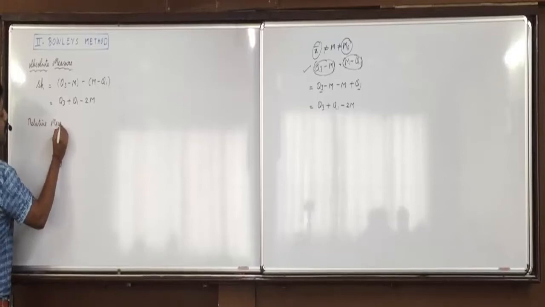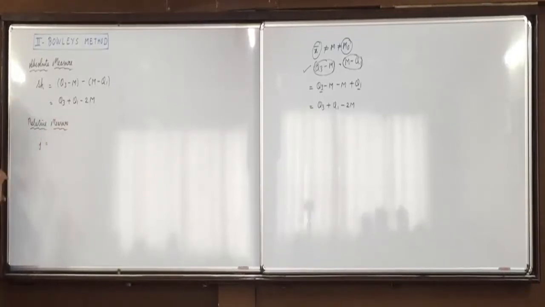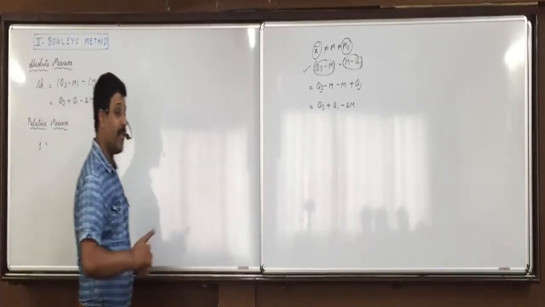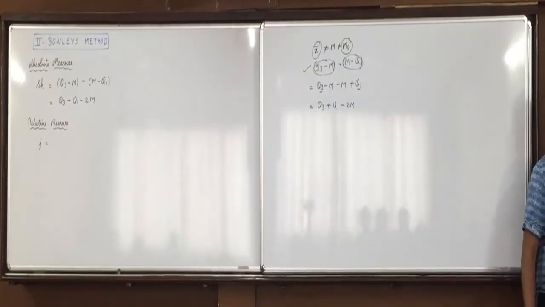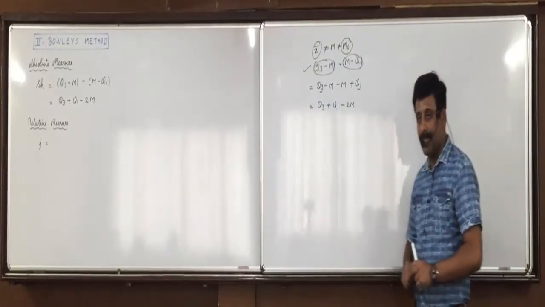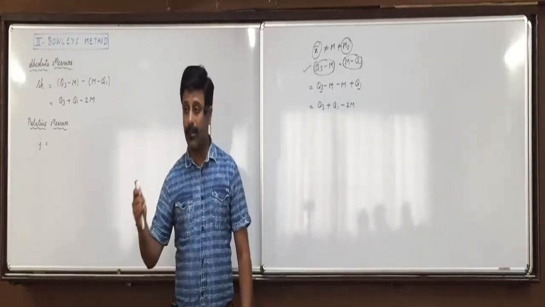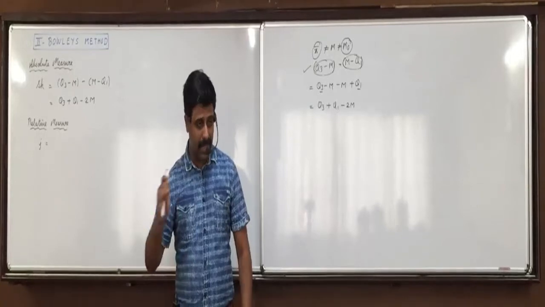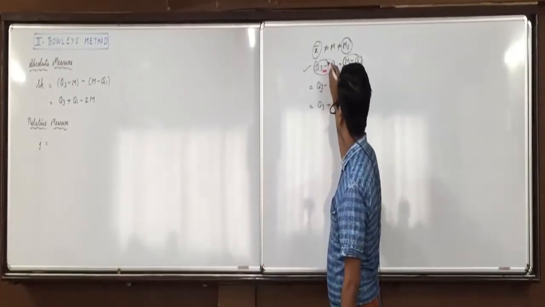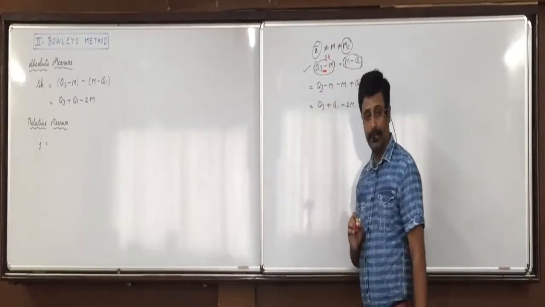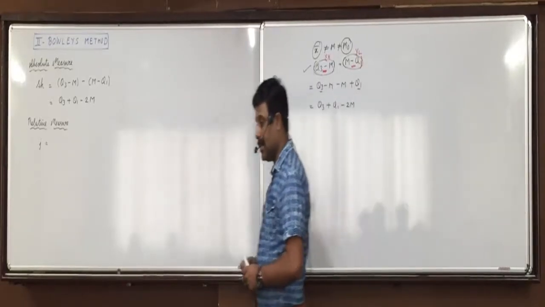Now relative measure. Absolute measure is skewness and relative measure is coefficient of skewness. What was the formula of range? XH minus XL. Okay? And coefficient of range? XH minus XL upon XH plus XL. So you take this Q3 minus M like XH, and this M minus Q1 like XL.